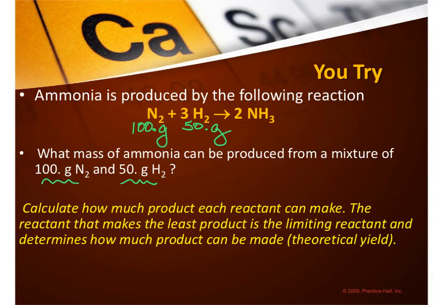And before you do anything else, you need to determine what the limiting reactant is. So I've got to do stoichiometry with both of these reactants to figure out how much product they can each make. And remember, the one that makes the least amount of this NH3 is going to be your limiting reactant. And it's the quantity made by the limiting reactant that's the theoretical yield, which is what you're looking for. Anyway, give it a shot on your own, then come back.